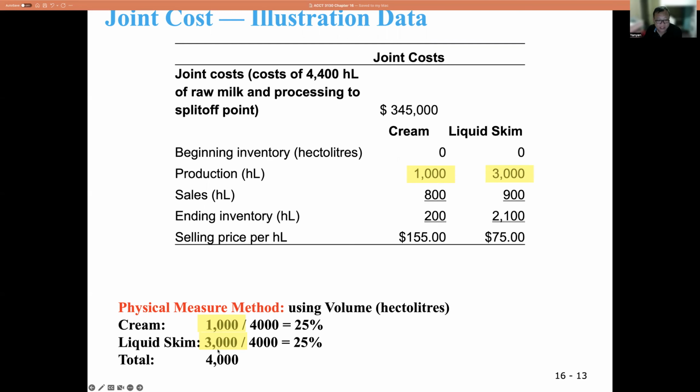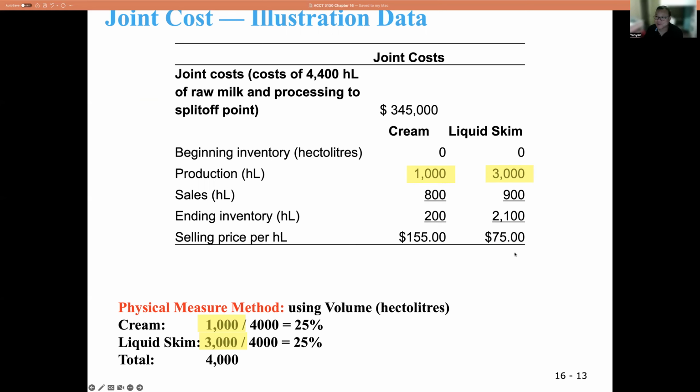And the liquid skim will be 3,000 divided by 4,000, that should be 75%. Sorry, there's a typo here. So 25% for cream, 75% for liquid skim. When we use this weight, and we know the total cost is $345,000, we multiply the weight by the total cost. That's how we do the allocation.